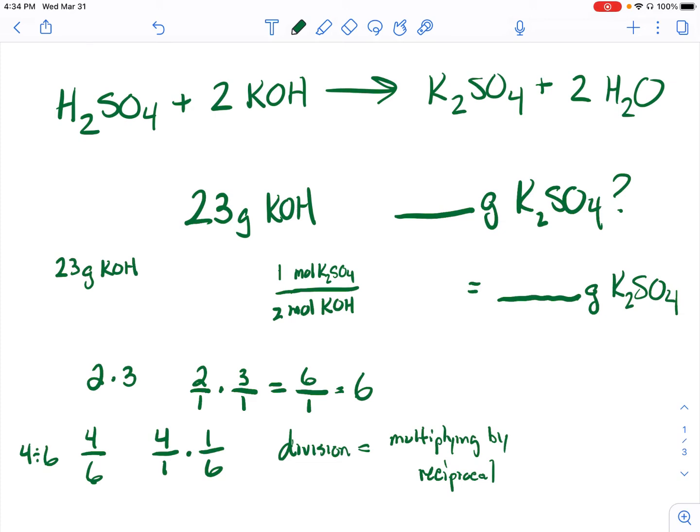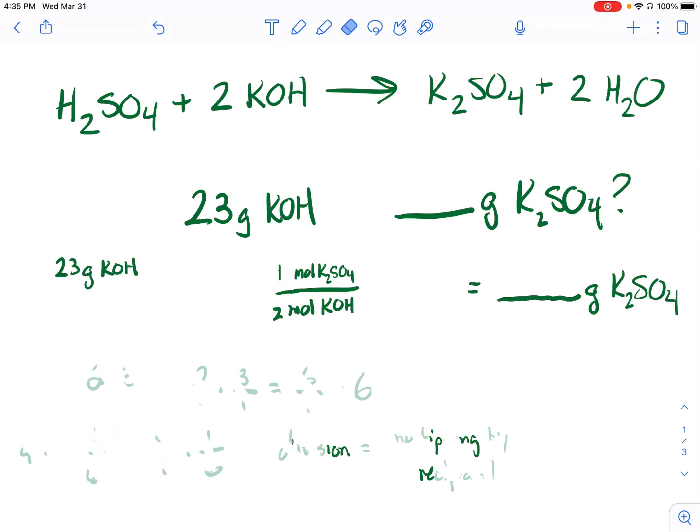So 4 times 6 is 4 over 1 times 6 over 1. 4 divided by 6 is 4 over 1 times 1 over 6. So when you look at the math going into this, we are doing all multiplications, and we really want everything as a fraction.